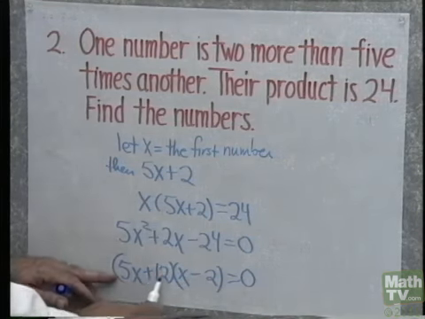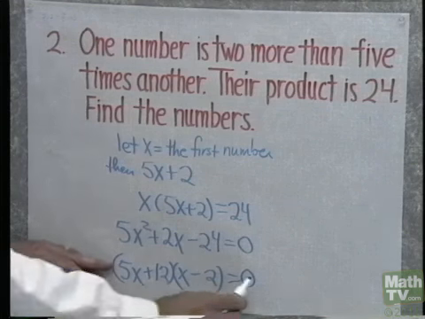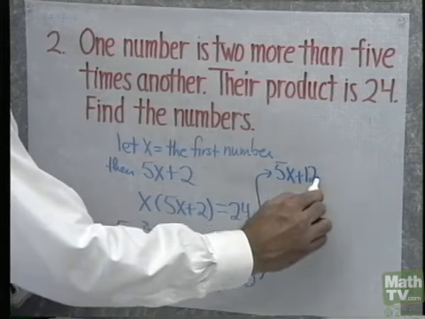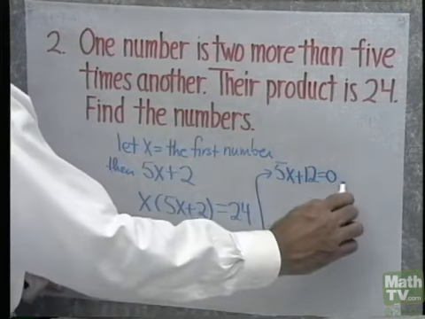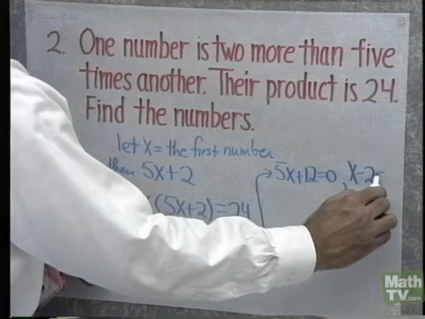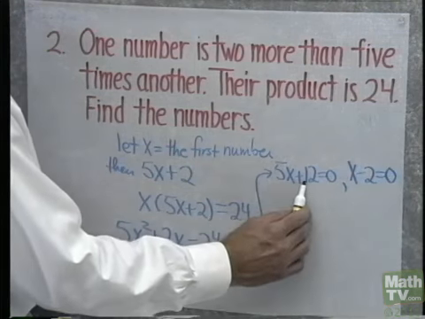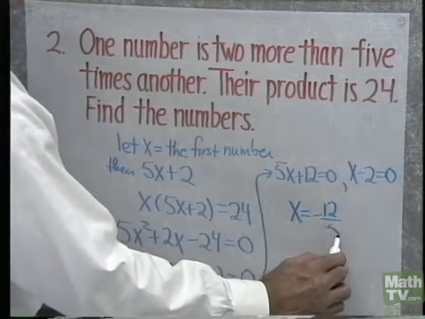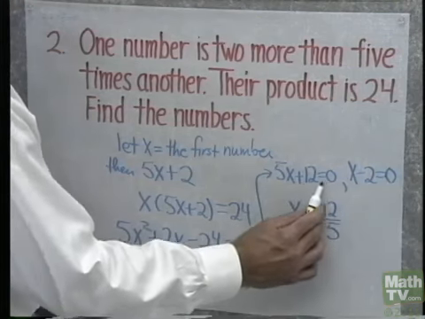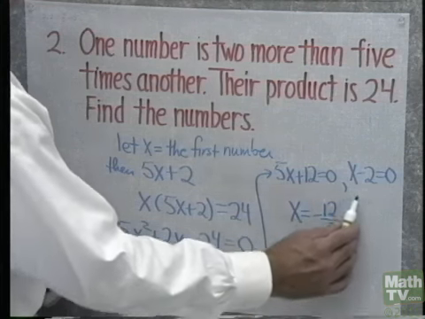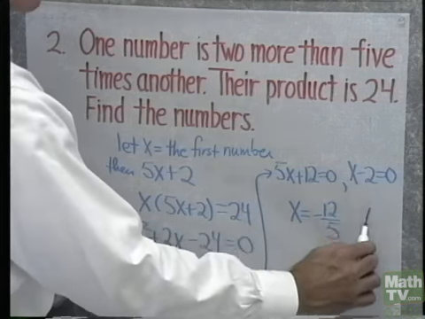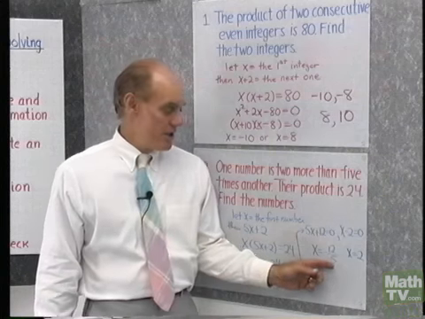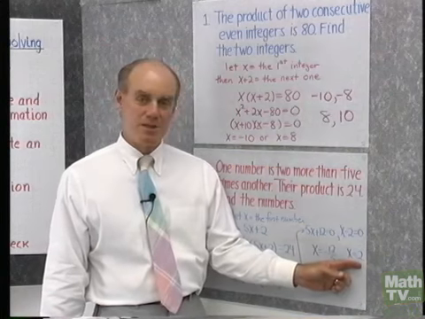Now, if I set 5x plus 12 equal to 0, let me do that over here. 5x plus 12 is equal to 0, or x minus 2 is equal to 0. Well, if 5x plus 12 is 0, x is negative 12 divided by 5 when I add negative 12 to both sides and then divide by 5. Over here, I'll add 2 to both sides, and I'll get x is equal to 2. So the first number is either negative 12/5 or it's equal to 2.